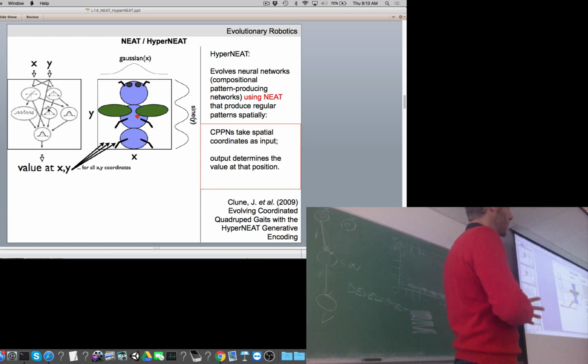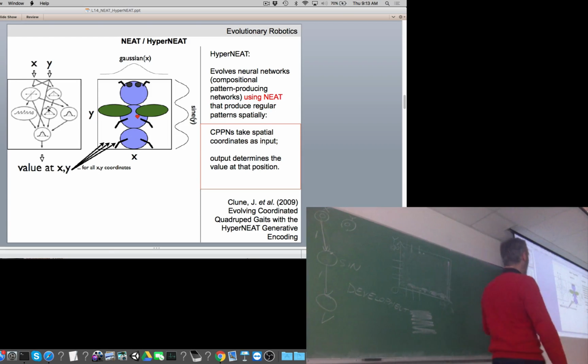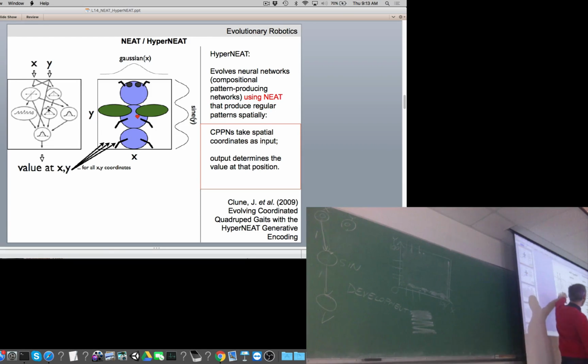So HyperNeat is designed to evolve neural networks that don't just paint random patterns in space, right? We don't have just white noise over here. When we create CPPNs, they tend to produce regular patterns and symmetries and so on, very much like development.